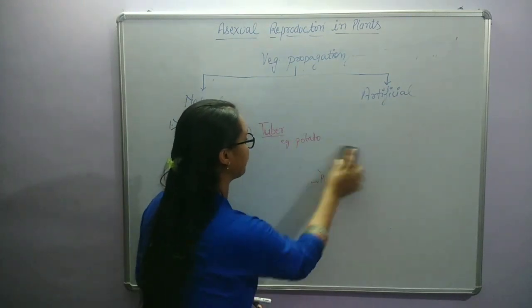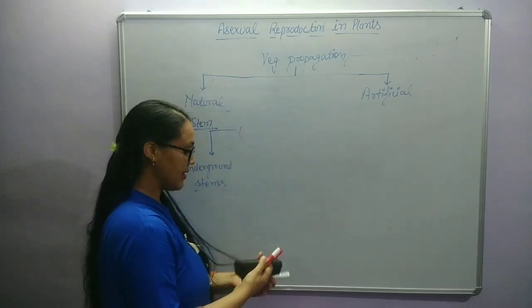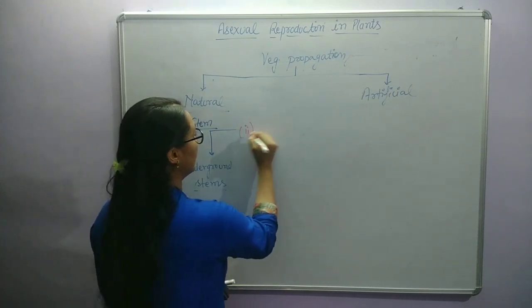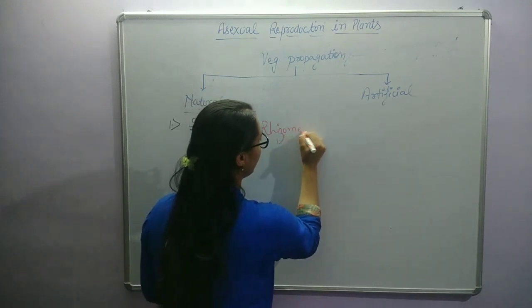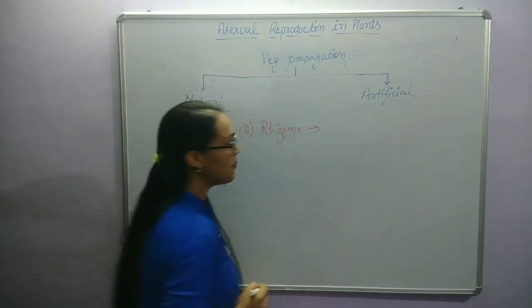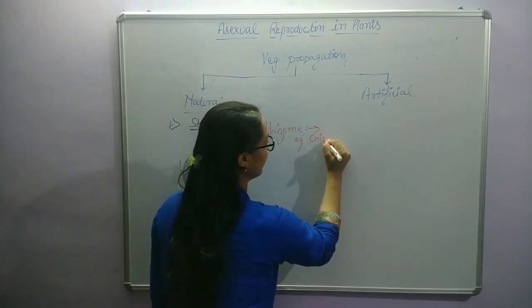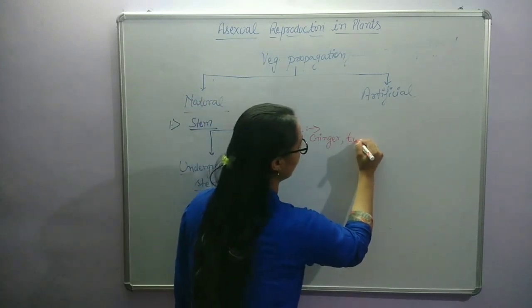Second, in this category of underground stems is rhizome. In rhizome, we will take up the example of ginger, or also we can see turmeric.